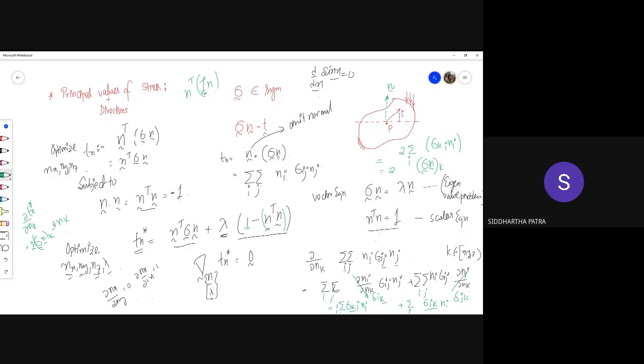That is true component by component, and this equals 0. So you can divide both sides by 2. That implies sigma times n is lambda times n. Is it clear now?